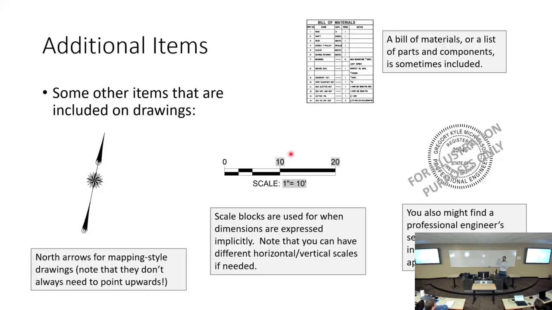The bill of materials is just the list of parts that go into the project, which is good for quantity takeoffs and whatnot. You might also find an engineer's seal and signature. That's actually my engineering seal right here, but you might find a seal and a signature for anything that needs a PE stamp of approval.